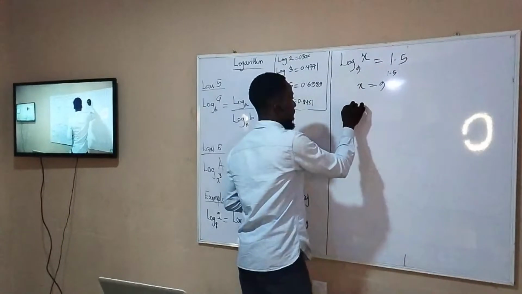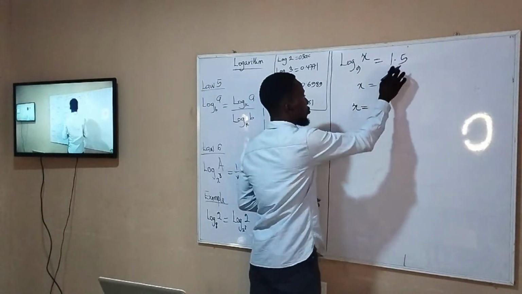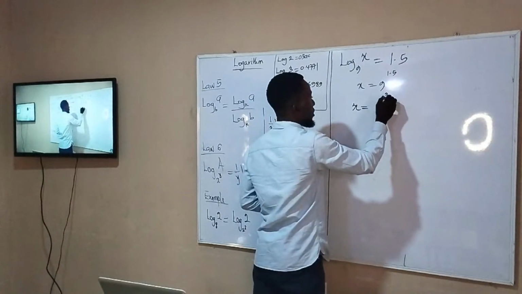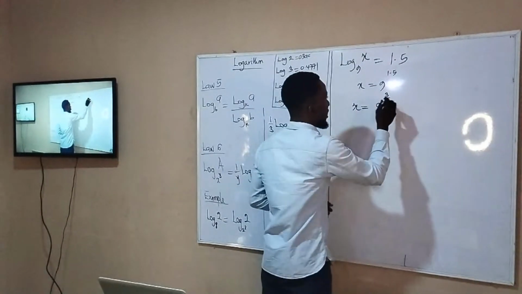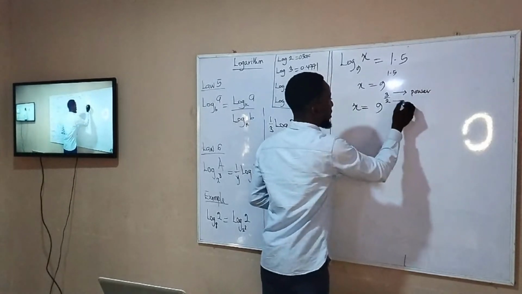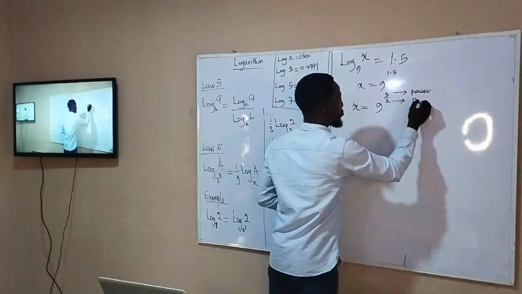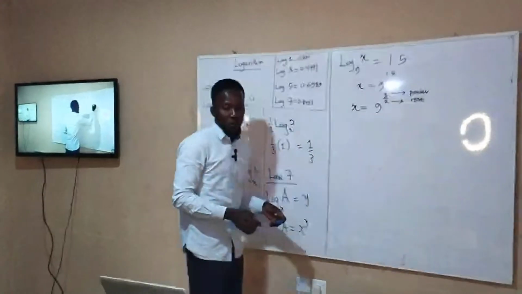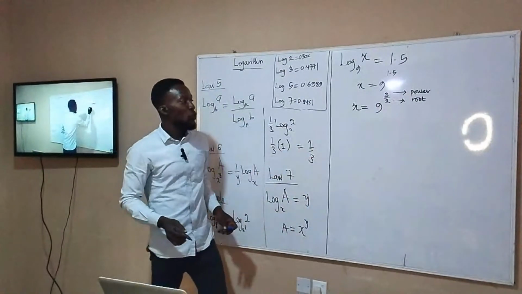So I will say x equals 9 to the power 1.5, which is the same as 3 over 2. And do not forget, this will be the power, and this will be the root. That is, the numerator will be the power, and the denominator will be the root.